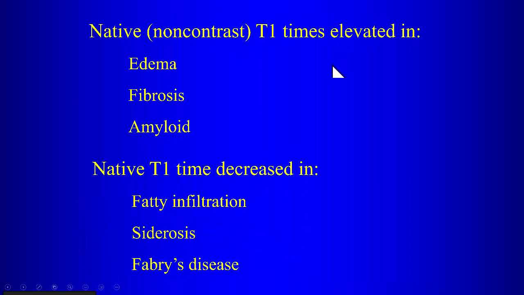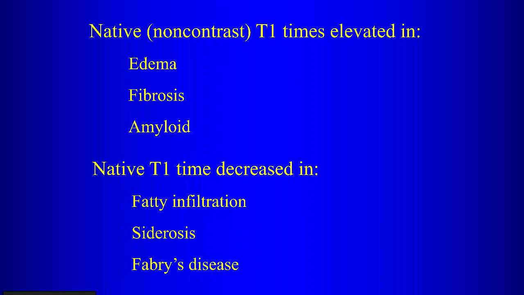So why is this important? Well, your native non-contrast T1 times can be abnormal, and will be elevated if you have edema, fibrosis, or amyloid. One easy way to think about this is to think of water and edema. What does edema do to T1 time?